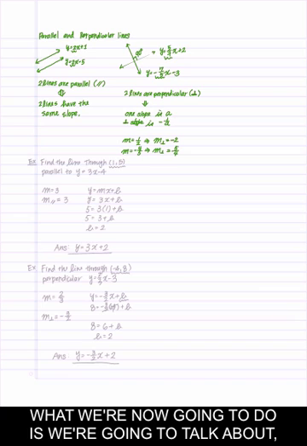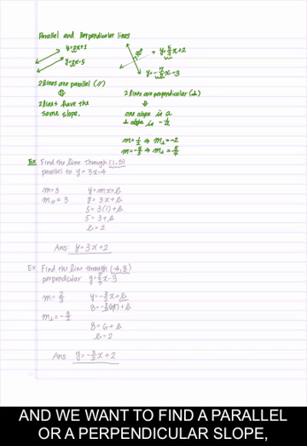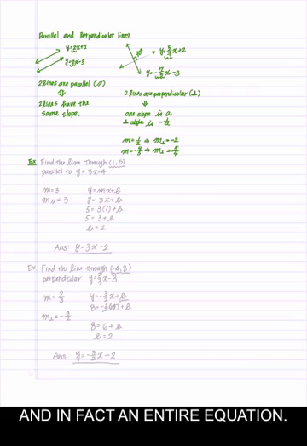What we're now going to do is talk about what if we're given an equation of a line and we want to find a parallel or a perpendicular slope, and in fact an entire equation.